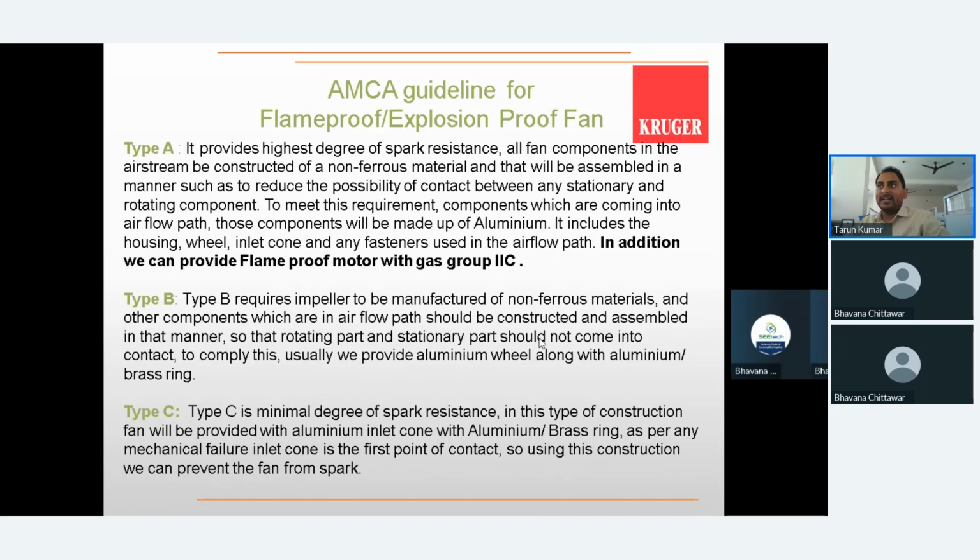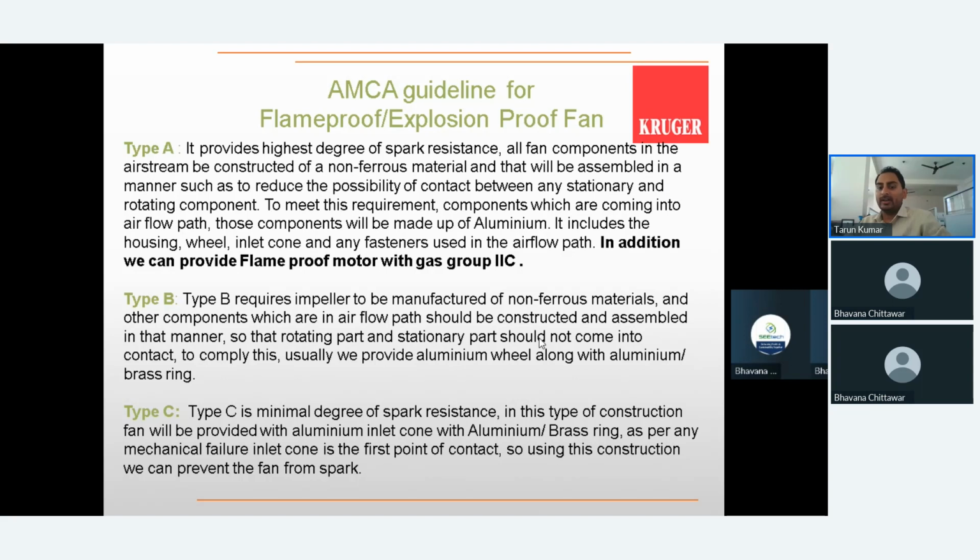Then type B says that out of the rotary and stationary parts, one part should be non-ferrous. Either it can be the impeller, or it can be the inlet cone. AMCA type C says that between the rotary and stationary part there is a non-ferrous material, like a brass ring between the impeller and inlet cone.